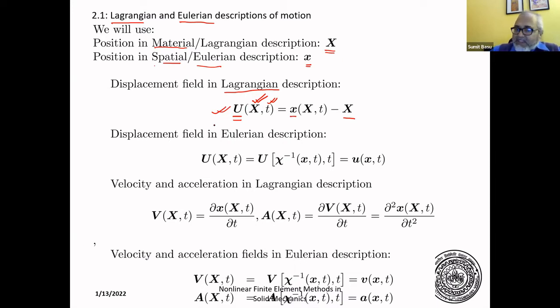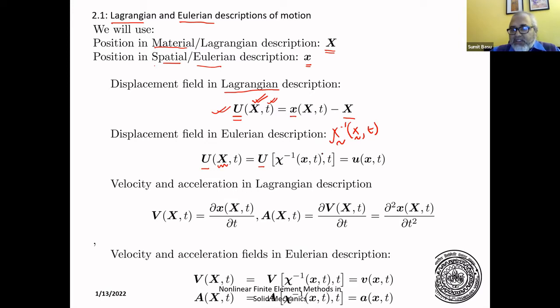Now I can change it back and say that capital U can also be written as the same function with this capital X replaced by chi inverse of small x, t. Remember, capital X is chi inverse of small x, t.